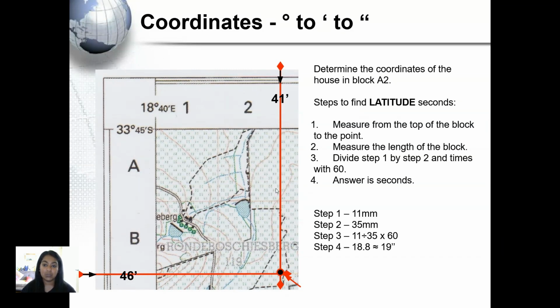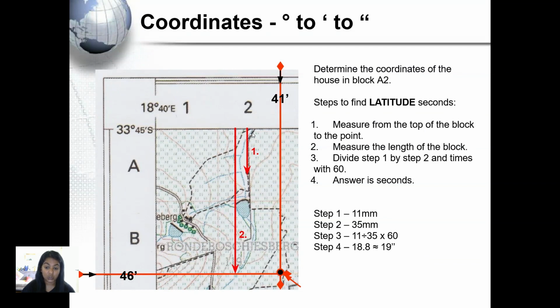The best part, people, is that I have 4 steps in how to work out the seconds where you can be exact. The first thing you have to do is measure from the top of the block to the house. So that is there. Measure from the top of the block to the point, and if you want to be accurate, try to measure to the middle of the point. The second thing is to measure the entire block.